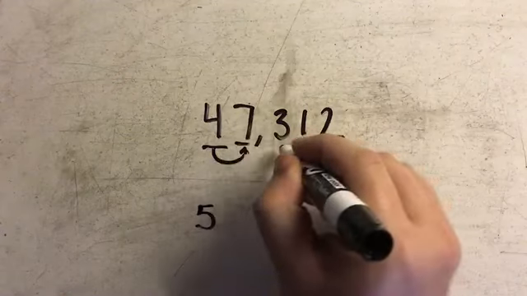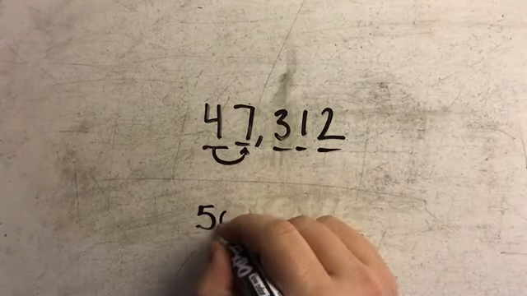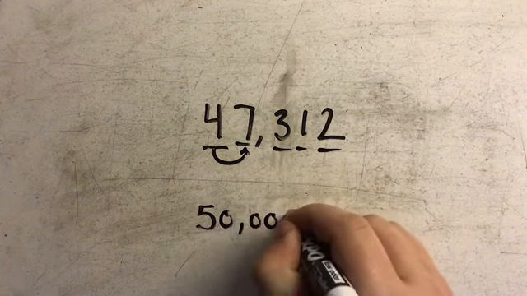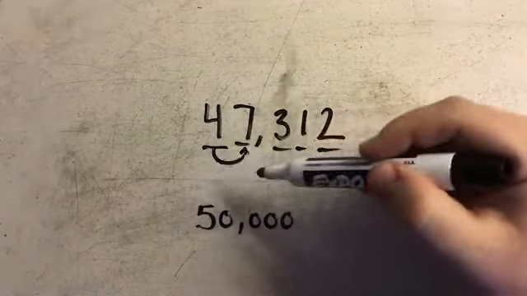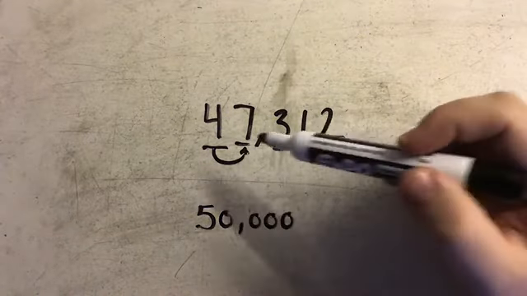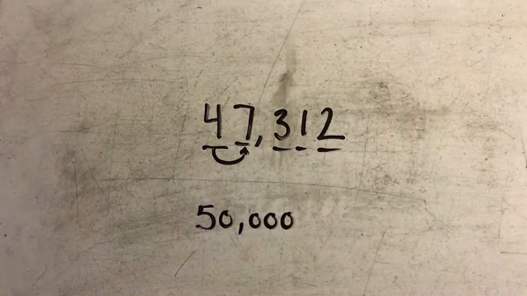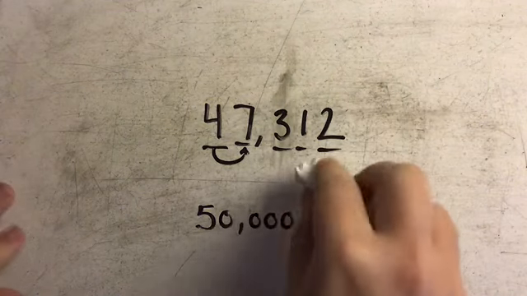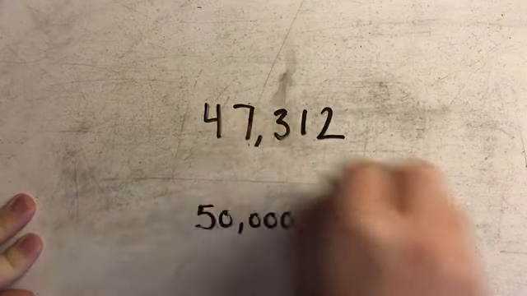For each digit that we have after the 10,000s place, we are going to insert a 0 as a placeholder. And now we see that 47,312 rounded to the nearest 10,000 is 50,000. We're going to keep this number up here for a second and look at another example.